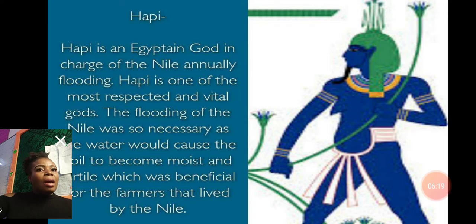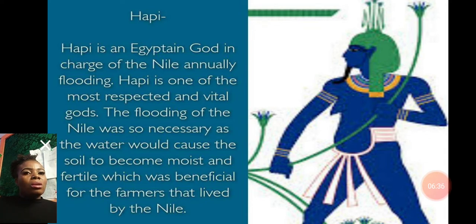Before you now is Hapi, the Egyptian god in charge of the Nile annual flooding. Hapi is one of the most respected and vital gods because the flooding of the Nile was so necessary, because the water will cause the soil to become moist and fertile, which was beneficial for the farmers that lived by the Nile.